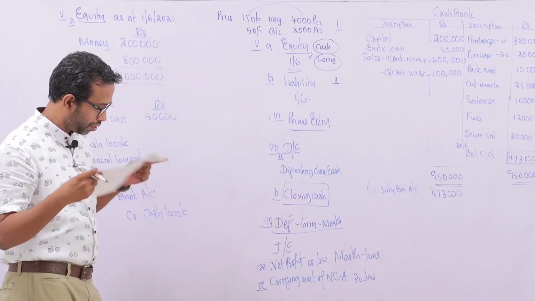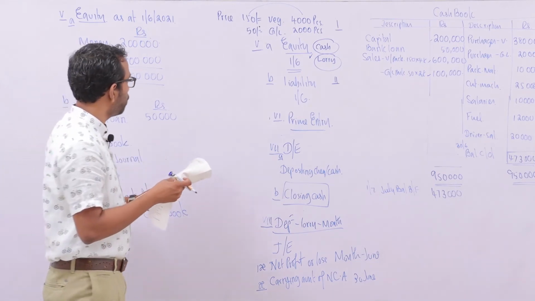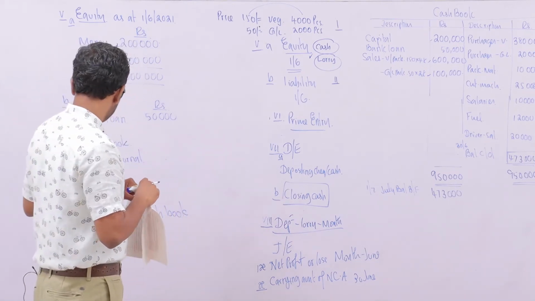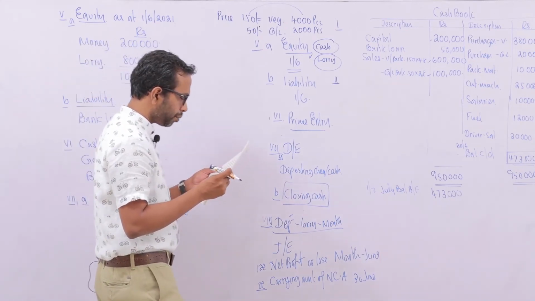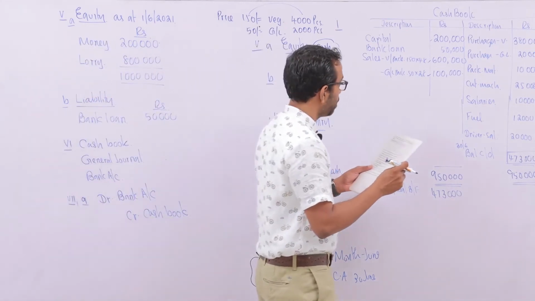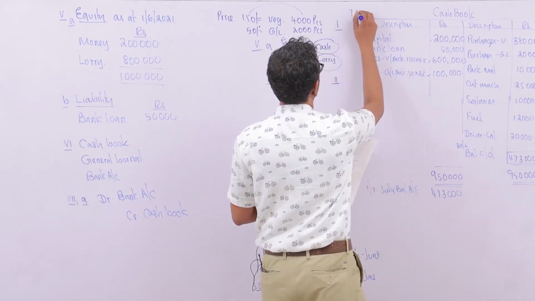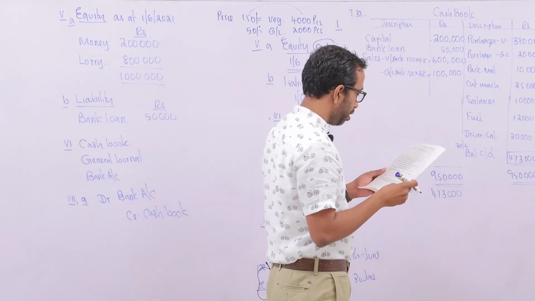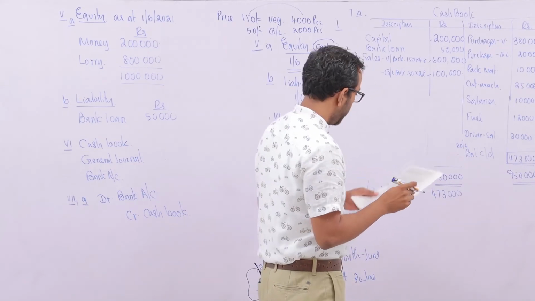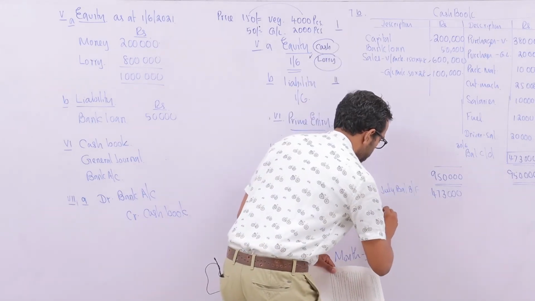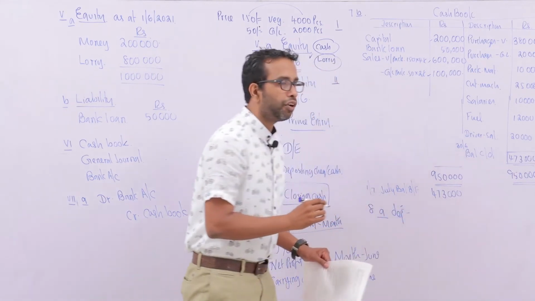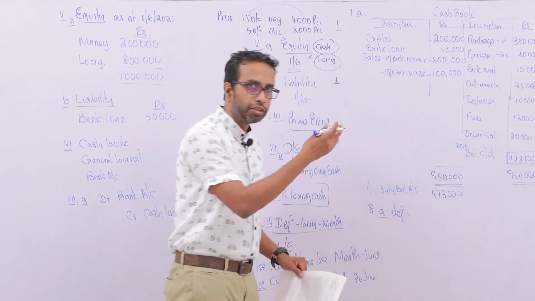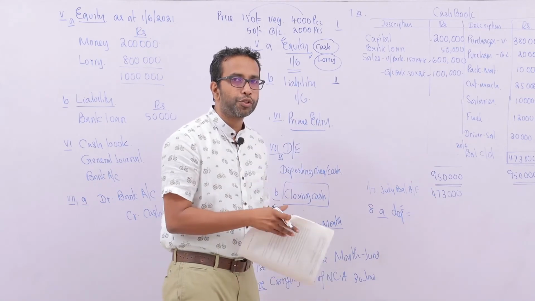Right. Next, depreciation of lorry. This is question number 7, part B. And we will try to figure out 8, part A, depreciation of lorry. What is the formula for lorry depreciation? You take the cost minus scrap value divided by useful life.